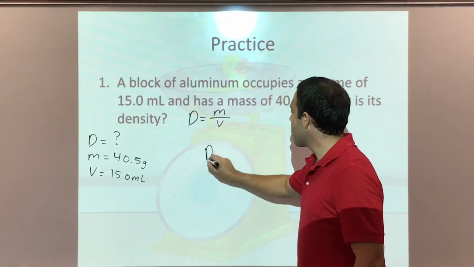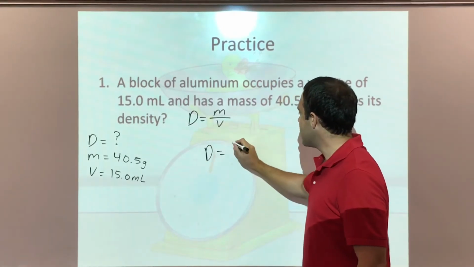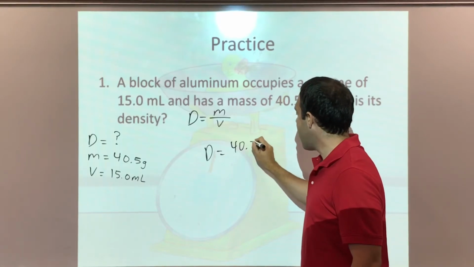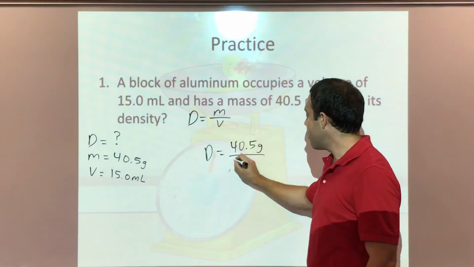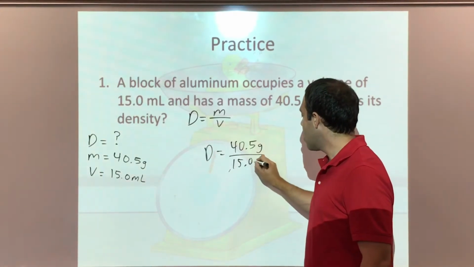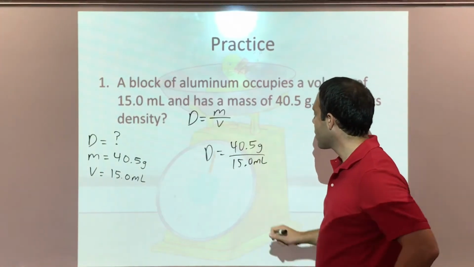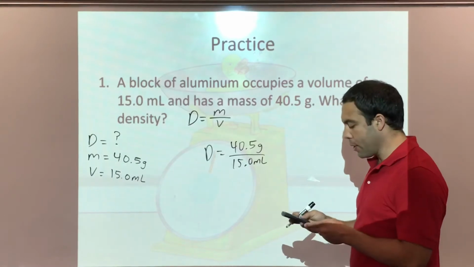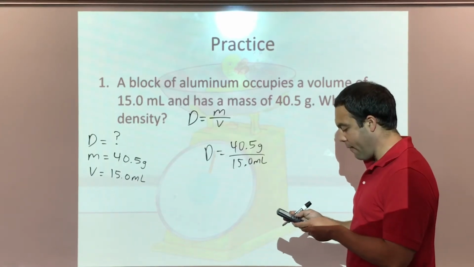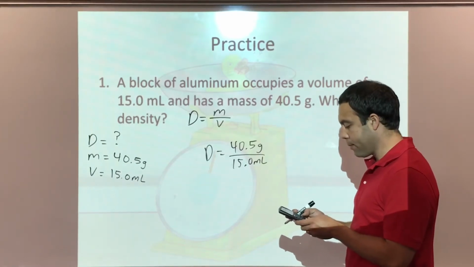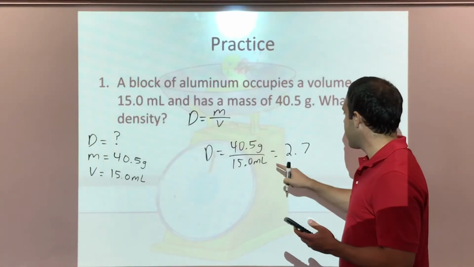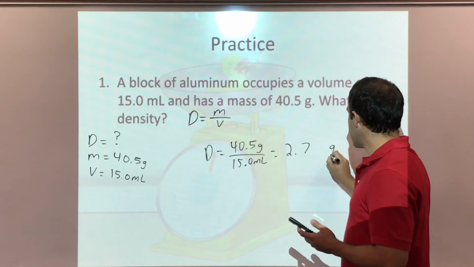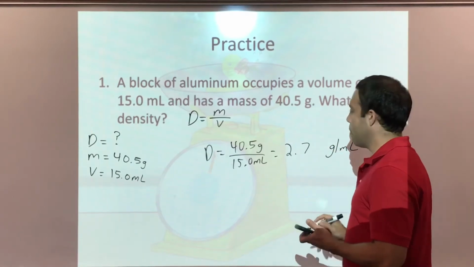So D equals, the mass is 40.5 grams, divided by the volume, 15.0 milliliters. And if we were to divide those two numbers, 40.5 divided by 15, that would give us 2.7, and our unit would be grams per milliliter.